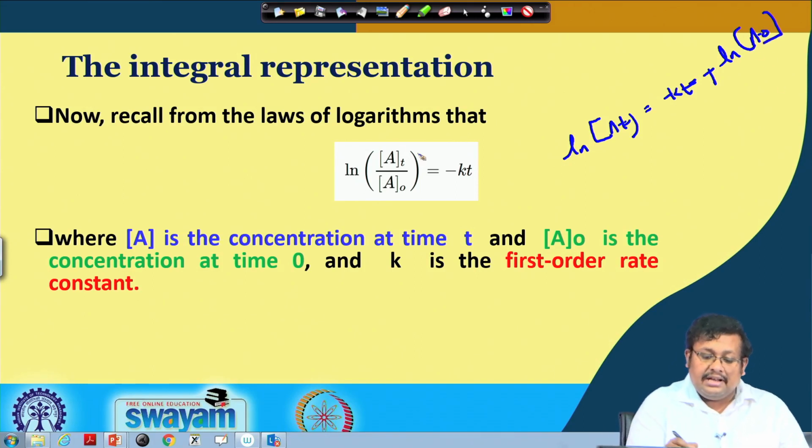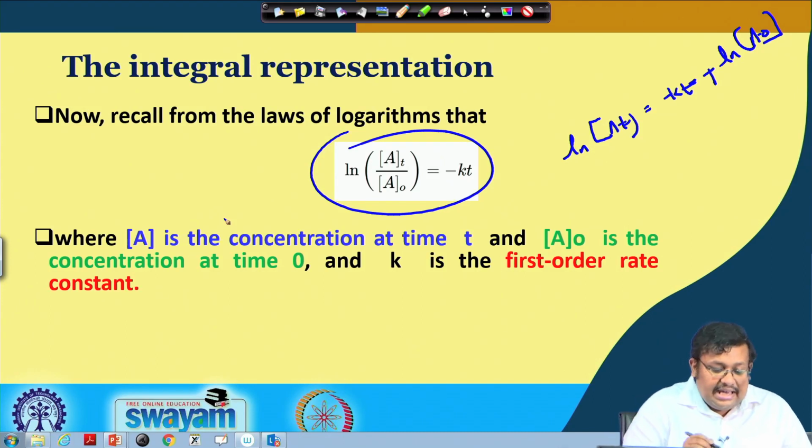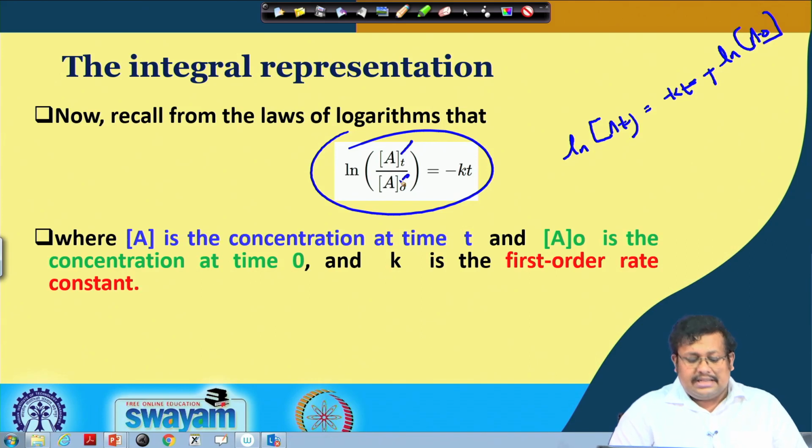If we simplify that, we will get this logarithmic form. Here A is the concentration at time t and A0 is the concentration at time 0 and k is the first order rate constant.